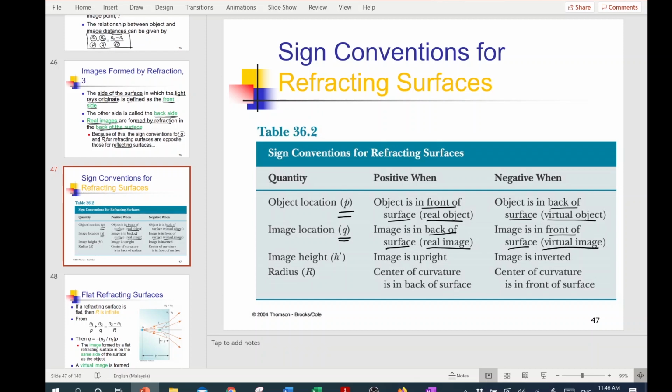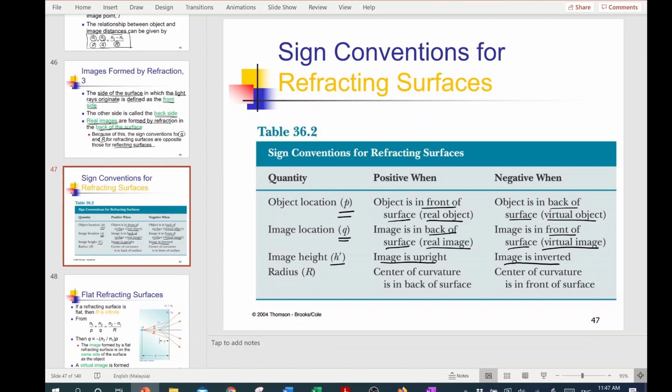In terms of height h, the height of the image, if the height is positive, then it is upright. However, if from the calculation the value is negative, then it will be inverted or upside down.